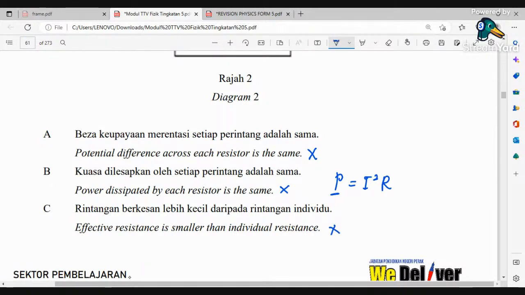Because if series of the effective resistance, you must add R1 plus R2 plus R3. So effective resistance is greater when you connect in series. Sambung series, dia punya effective resistance bertambah.